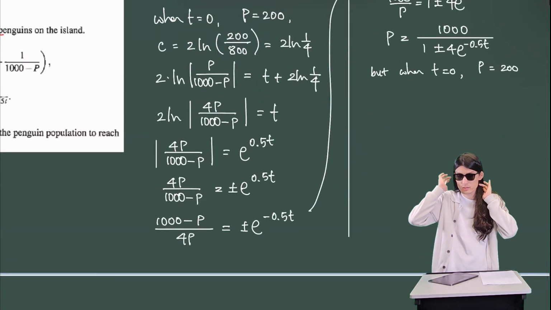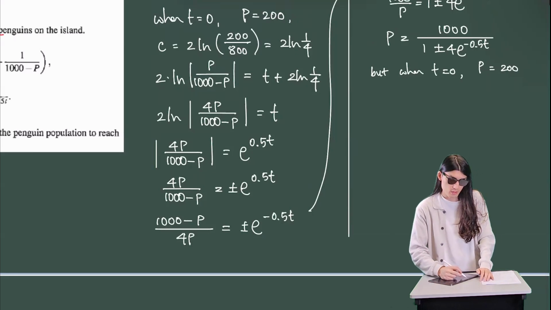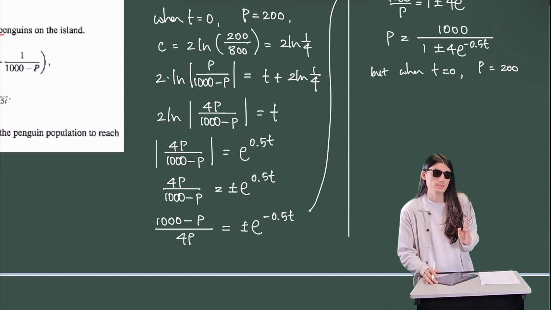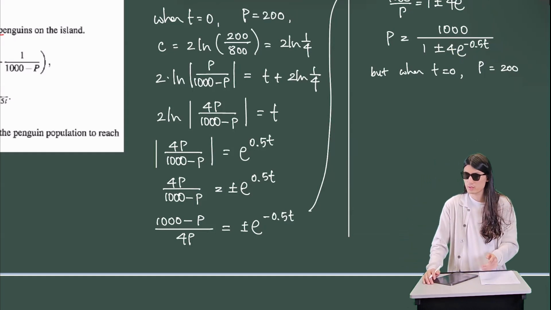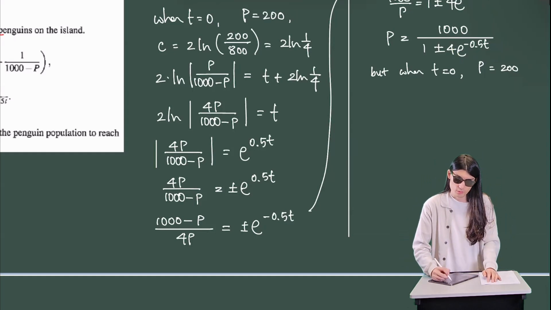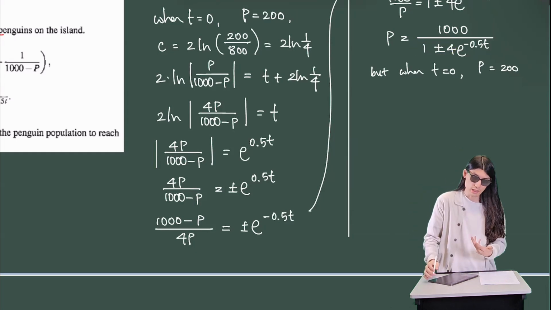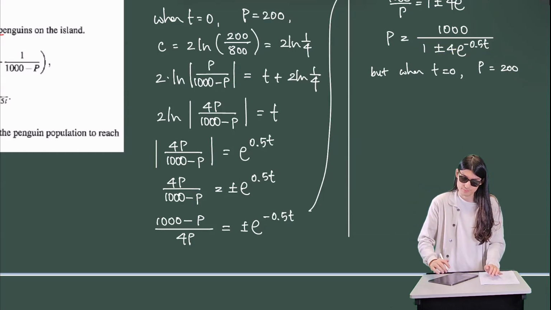When it is plus, when t is equal to 0, this e to the power of 0 would turn into 1. And you need, of course, guys, 1 plus 4 at the bottom on the denominator over there. So that 1,000 divided by 5, that's the 200 that we need, isn't it?